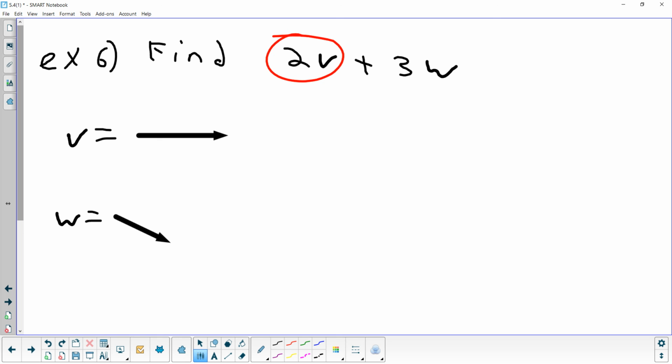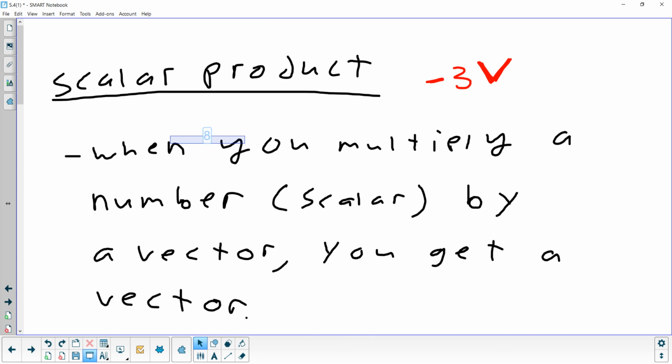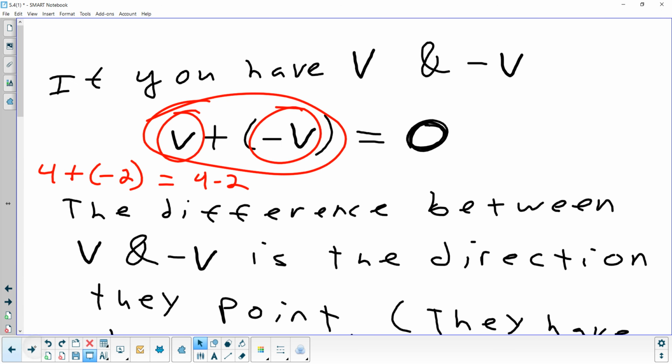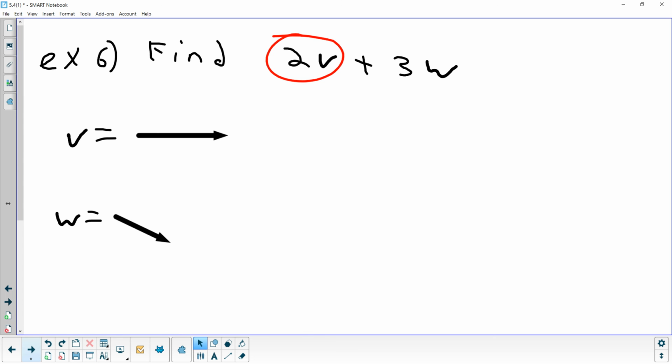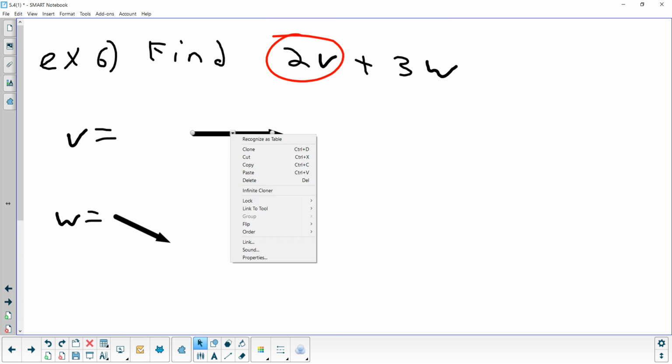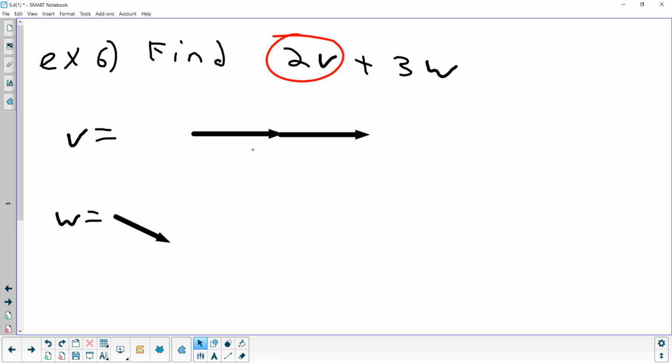Yeah. Double V. Yeah, just take two of the V's and stack them together. So I'm going to do the whole problem right here. Let's just take that and make a copy of it. Where is the copy? There we go. All right, so there's 2V.